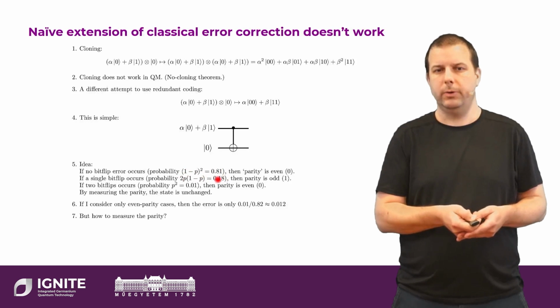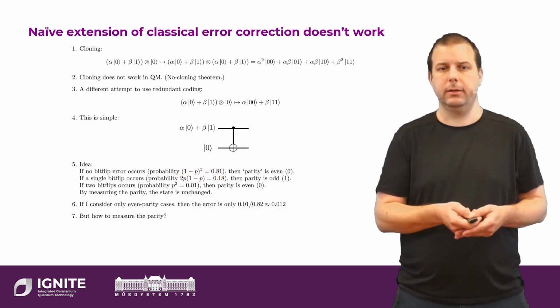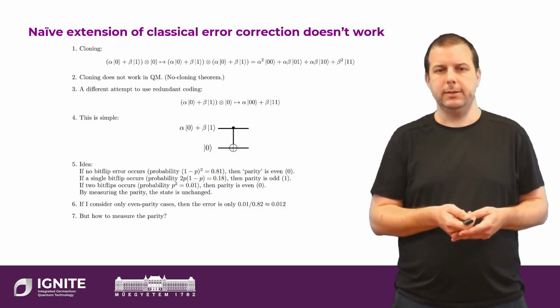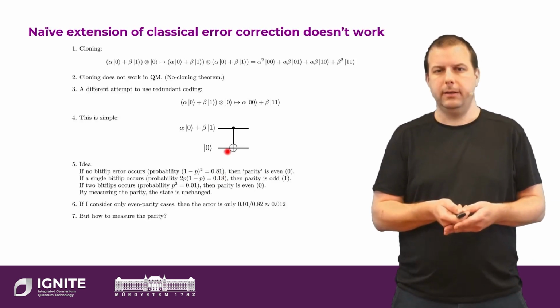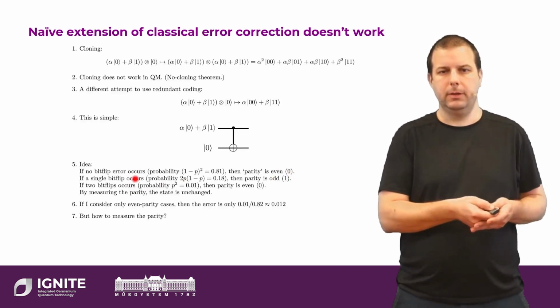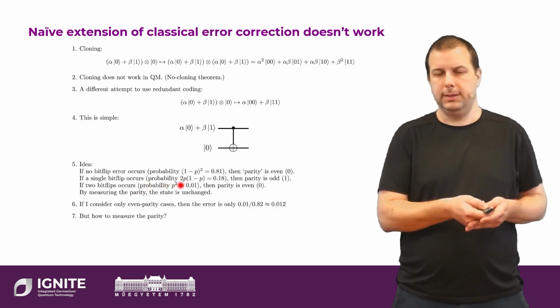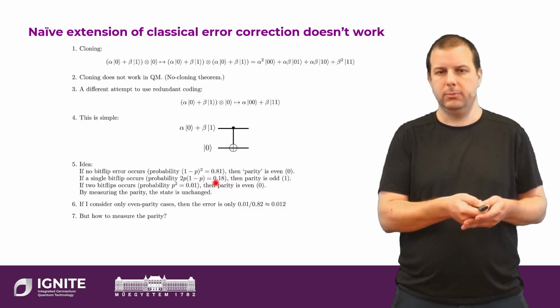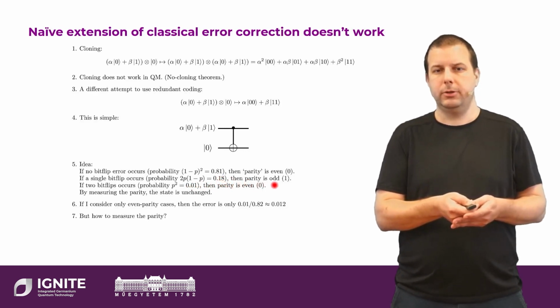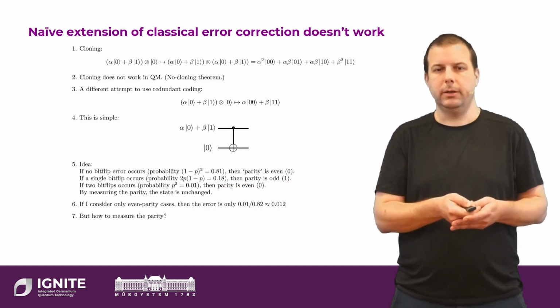If I evaluate this, that's 0.81, so 81% probability that no bit flip error occurs. Then, if I measure the parity afterwards, I will find an even parity, or parity value 0. If a single bit flip occurs, this happens with a probability of 2p(1-p), which in this numerical example with p = 0.1 is just 0.18. Then I will measure an odd parity, or a parity value 1.